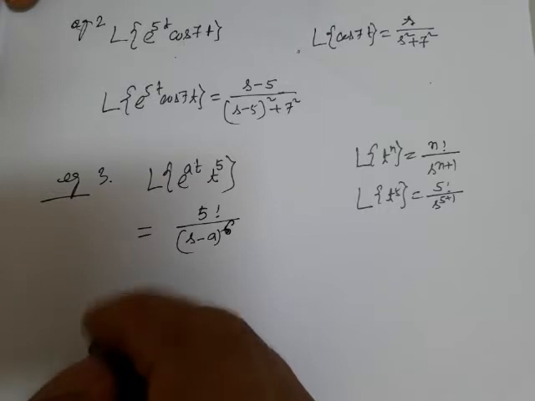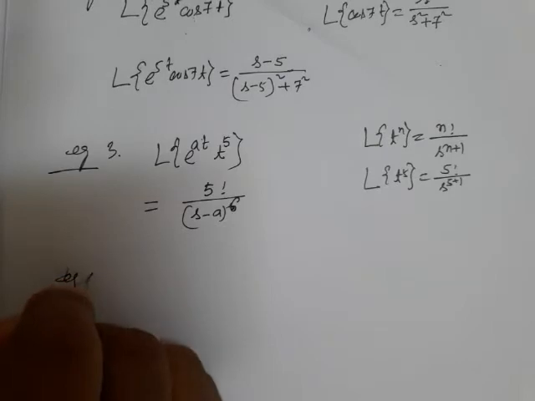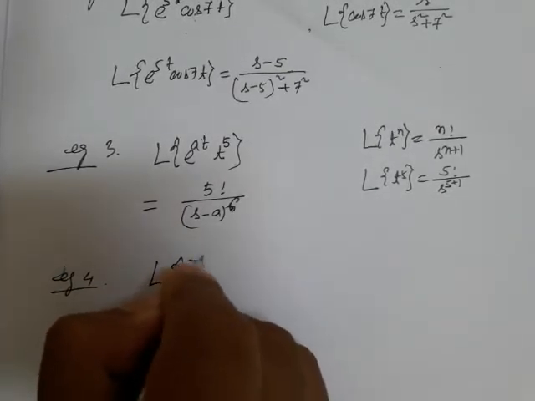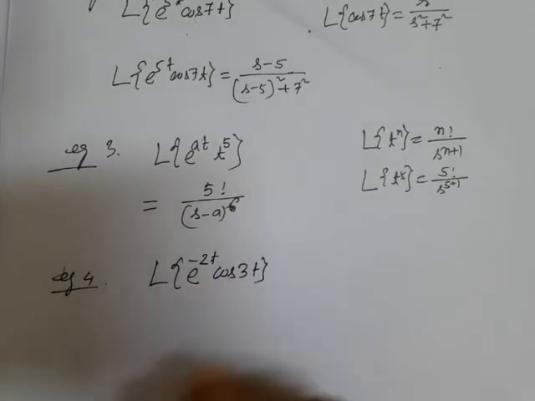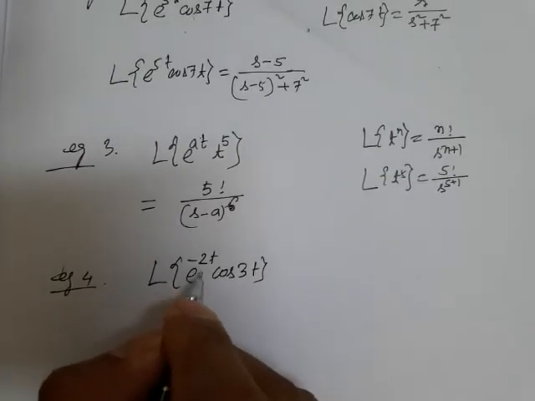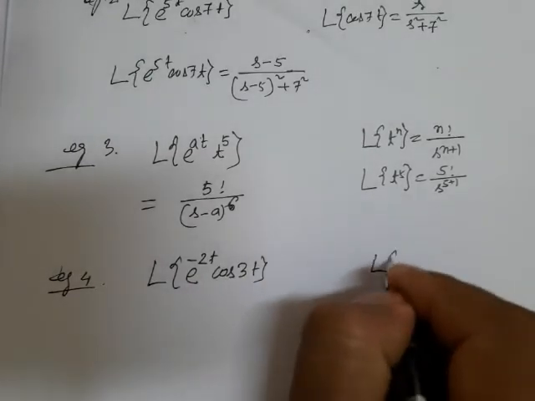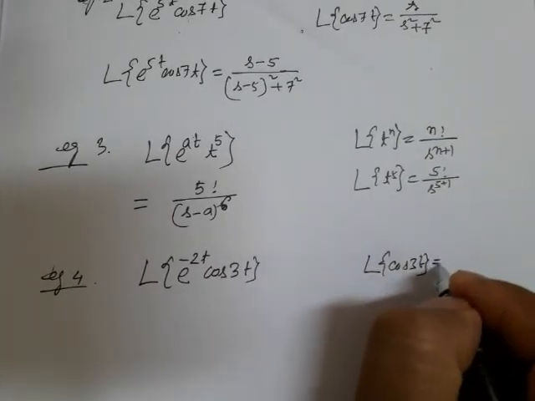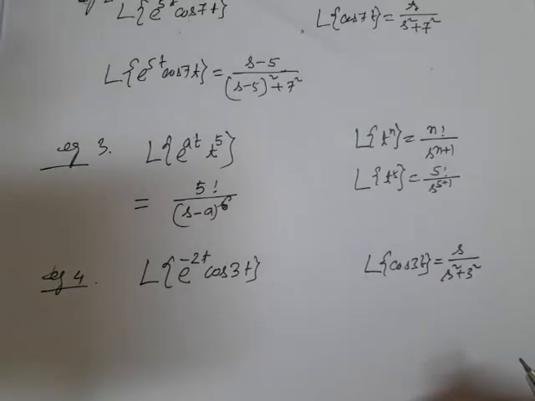Let us take one more example, example 4. L{e^(-2t) cos 3t}. Here also we can use the shifting property. What is L of cos 3t? The formula for cos 3t is s by s square plus 3 square.